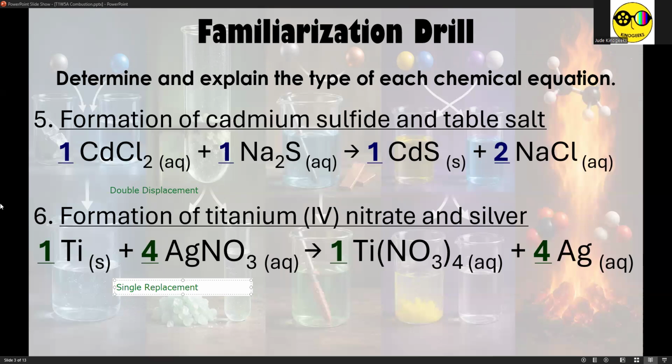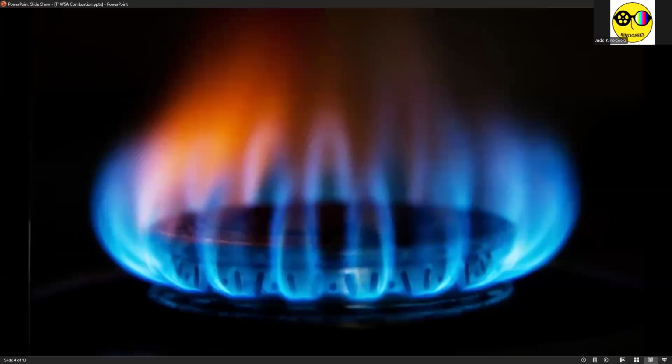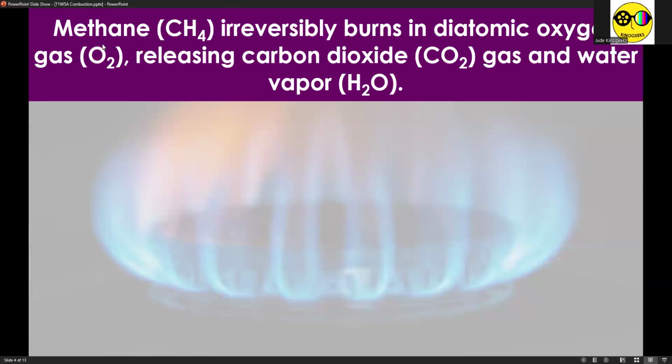Okay? So let's now proceed to our fifth and final type of reaction, and that calls for a word problem. Methane, CH4, irreversibly burns in diatomic oxygen gas, O2, releasing carbon dioxide, CO2 gas, and water vapor.